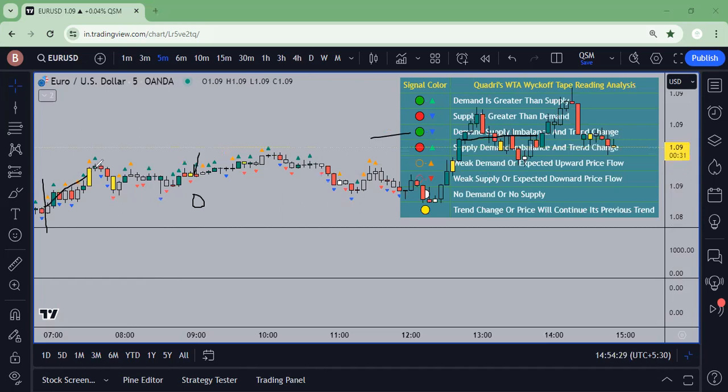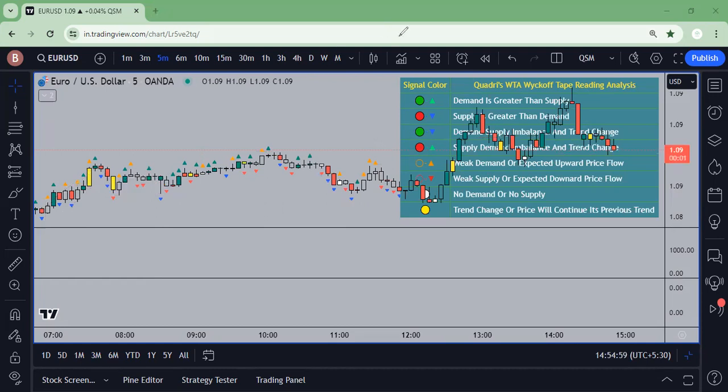We were coming up, then we had a pullback, and we started consolidating. So there are two outcomes of this. Either there would be a correction taking place because the previous trend was up, or this consolidation is going to end.